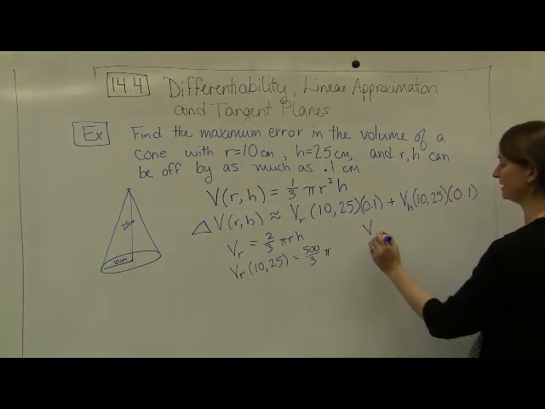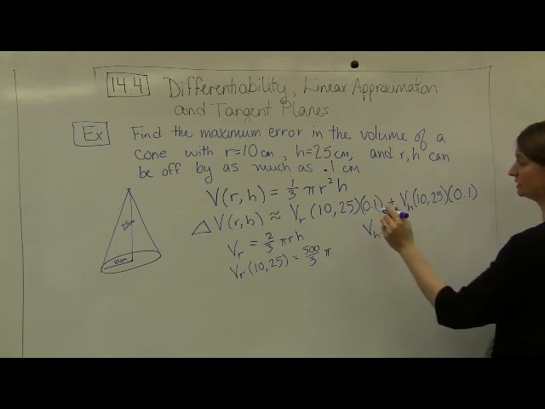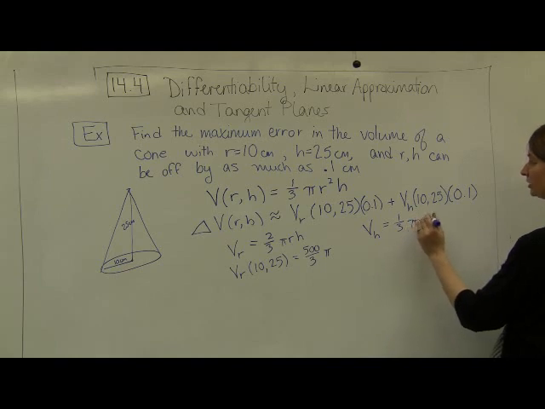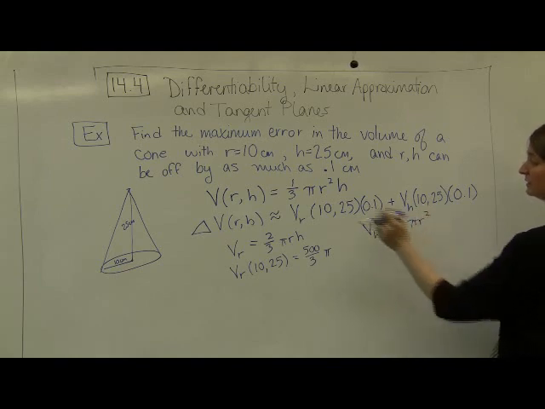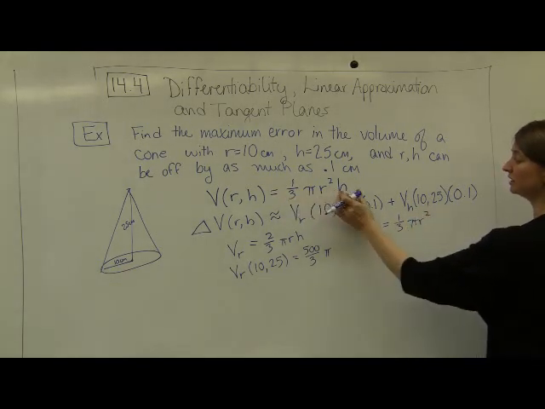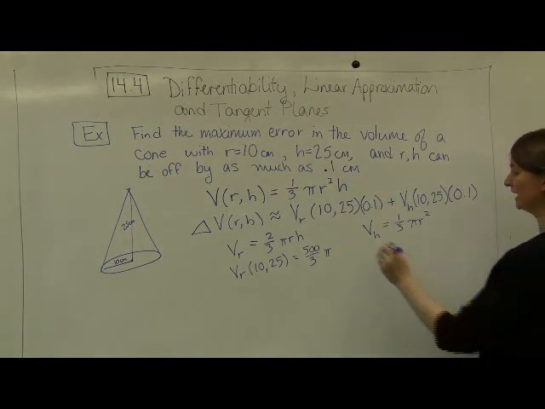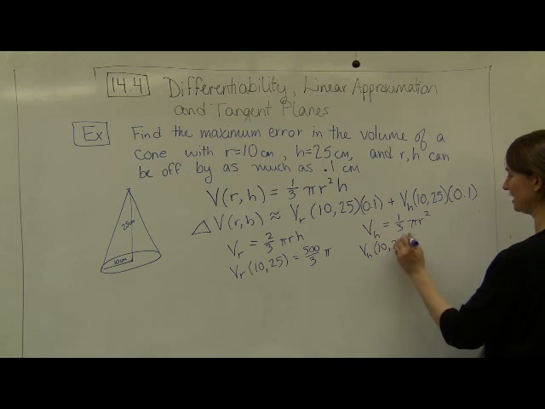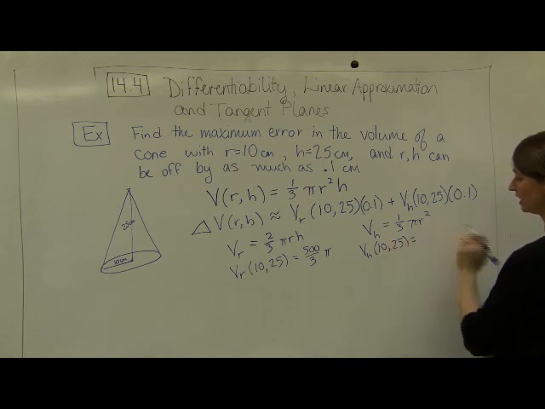Then I'm also going to have to take my partial with respect to h, and that partial is going to give me 1/3 pi r squared. The h term disappears. This is all treated as a constant in front of the linear term h. And when I evaluate that partial derivative at the point (10, 25), I end up with r squared, which is 100 over 3 pi.